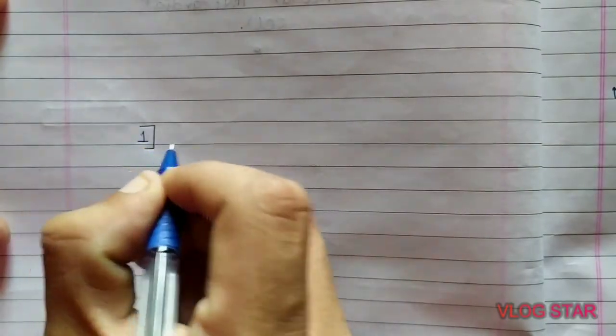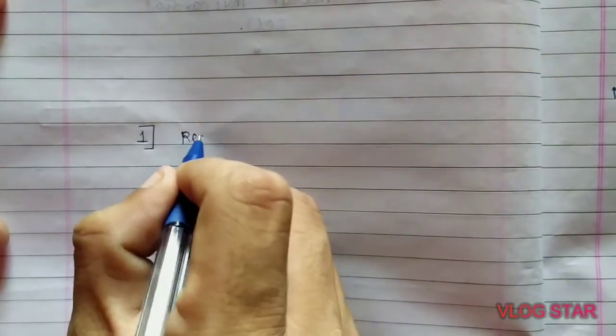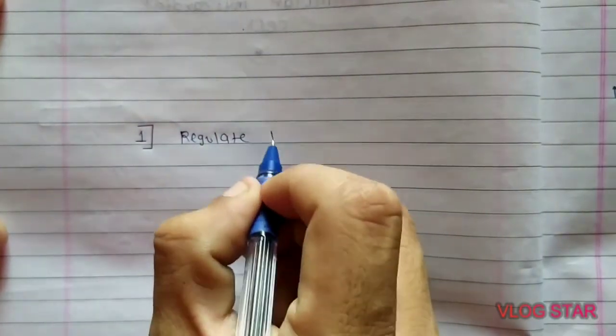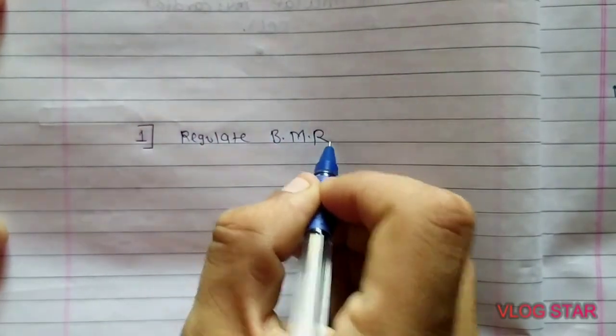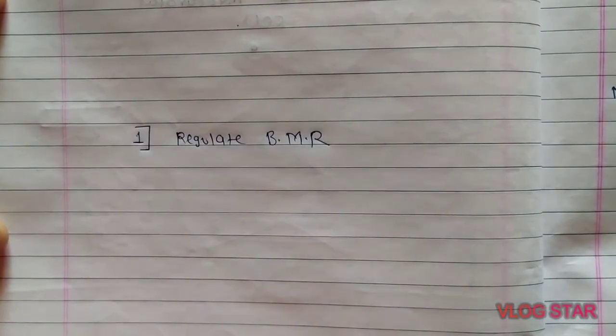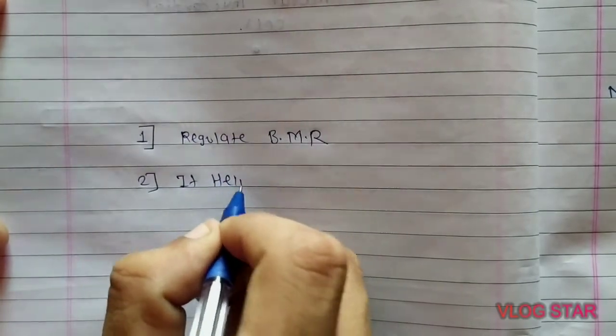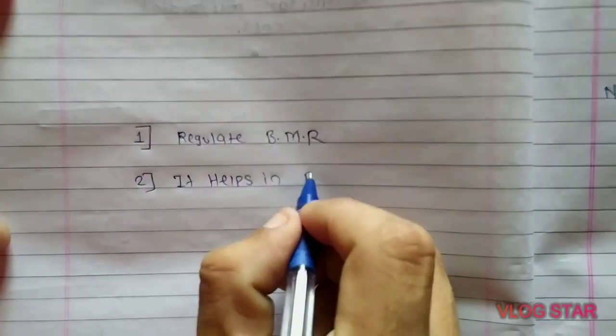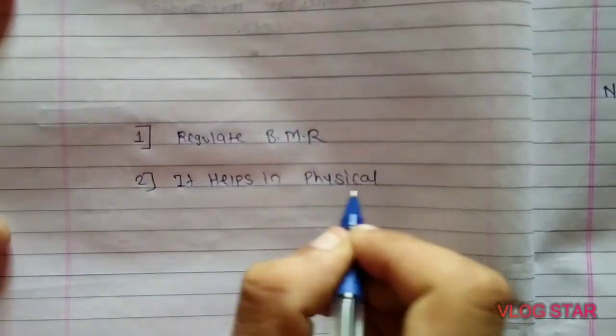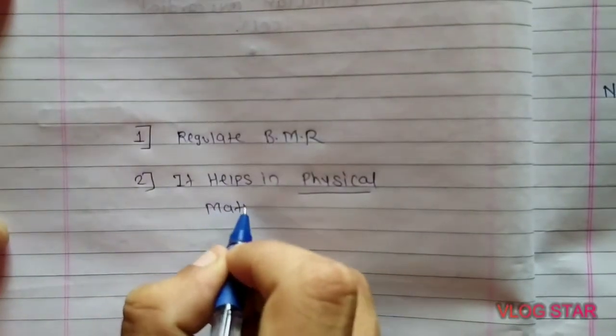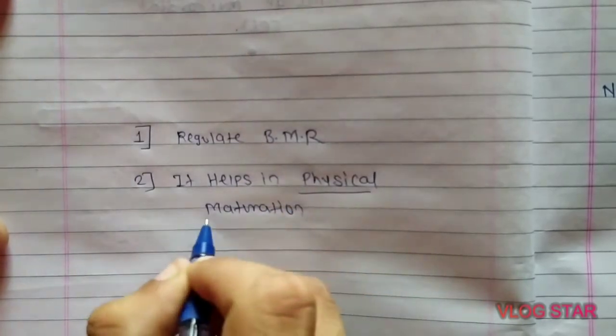Usually the thyroid hormones have three important functions. The first function is to regulate the basal metabolic rate, that is the BMR, so the thyroid hormones help in metabolism. The second function is that it helps in physical maturation, that is nothing but physical growth.